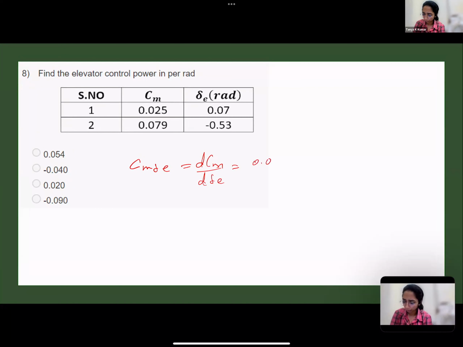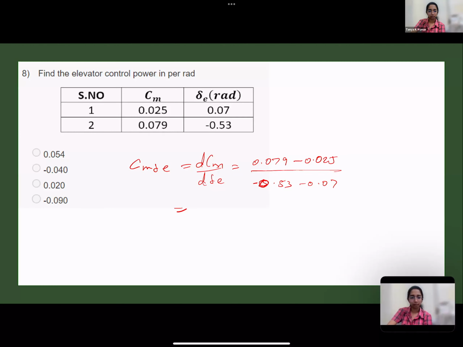So 0.079 minus 0.025 by minus 0.53 minus 0.07. What is the answer? Minus 0.09.